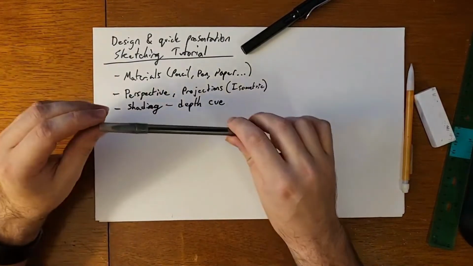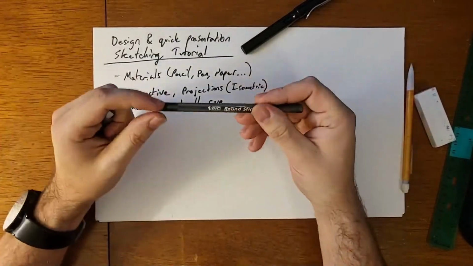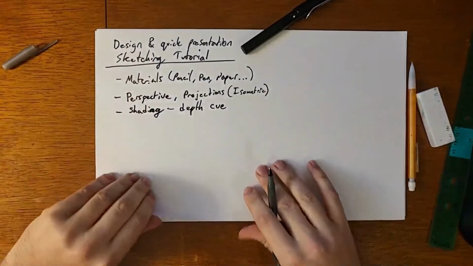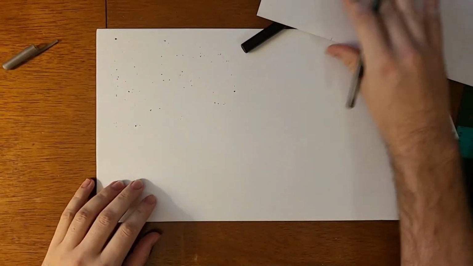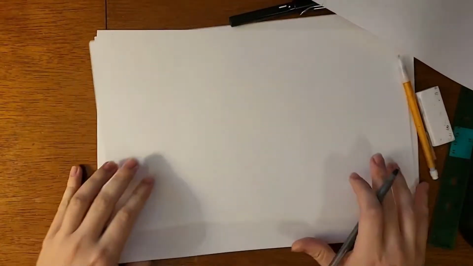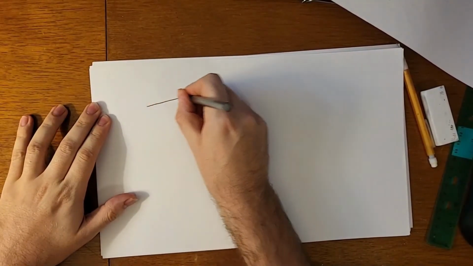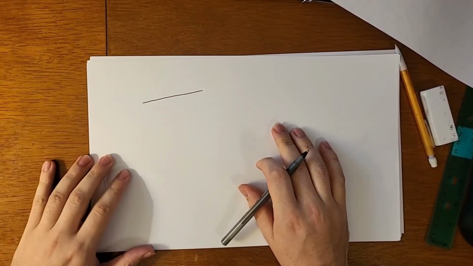Sweet. So this pen here, basic big pen, is useful because it gives a solid black line. If you hold down hard, you can get a solid black line.